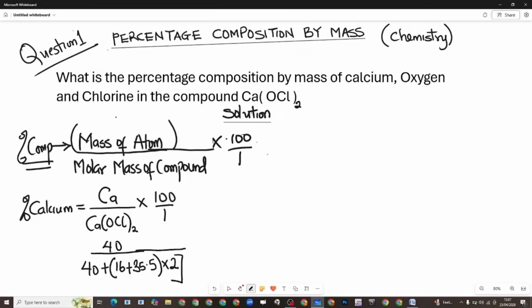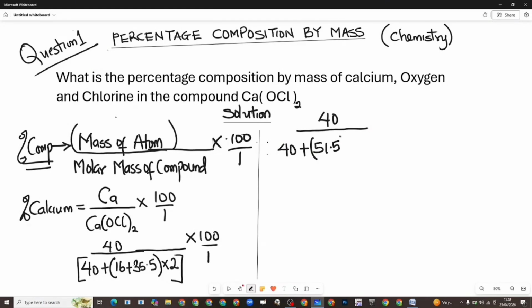So if we take it, it looks like this. All of them times 100 over 1. We have 40 over 40 plus, if we add that, 51.5 times 2, for everything at the denominator, times 100 over 1.